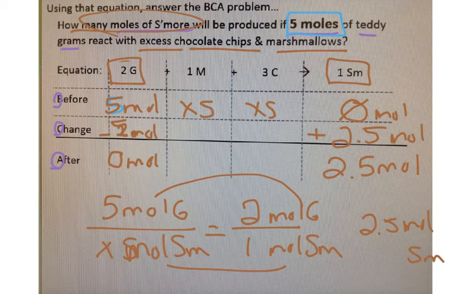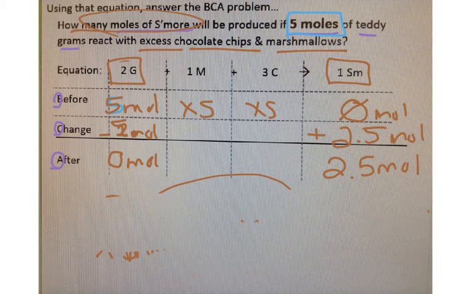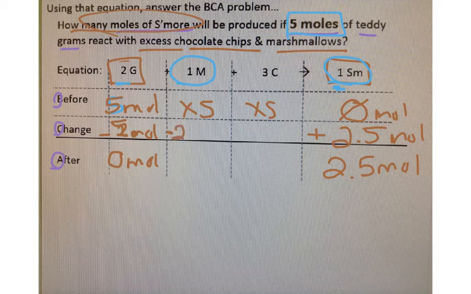All right, now here's another trick that I want to show you. You're not going to need to do mole conversions for every single one, but you are going to need to start looking at your coefficients. If you notice that my coefficient for marshmallow is 1 and my s'mores coefficient is 1, and I've already previously calculated the change for this when the coefficient is 1, I know without having to calculate that this is going to be negative because it's a reactant, and it's going to lose 2.5 moles of marshmallows.